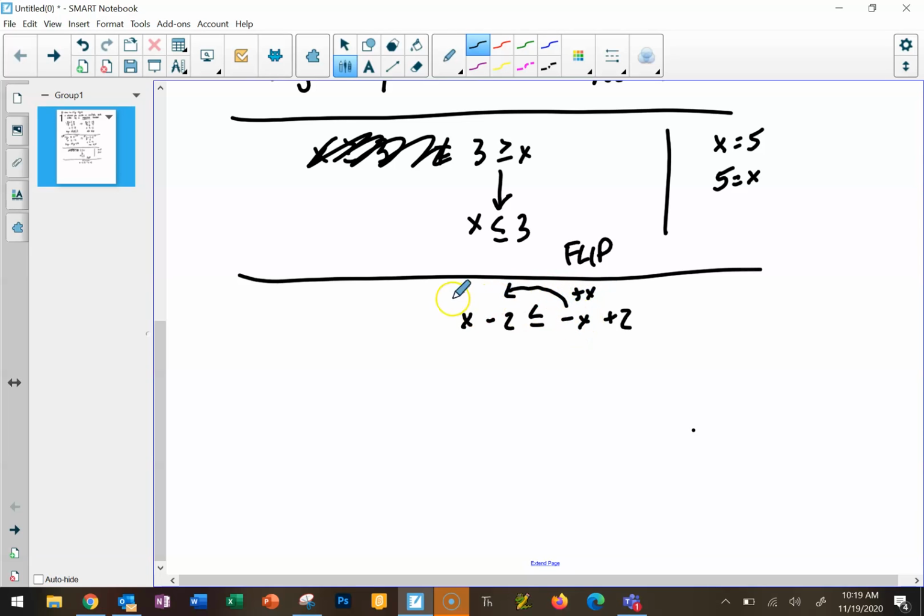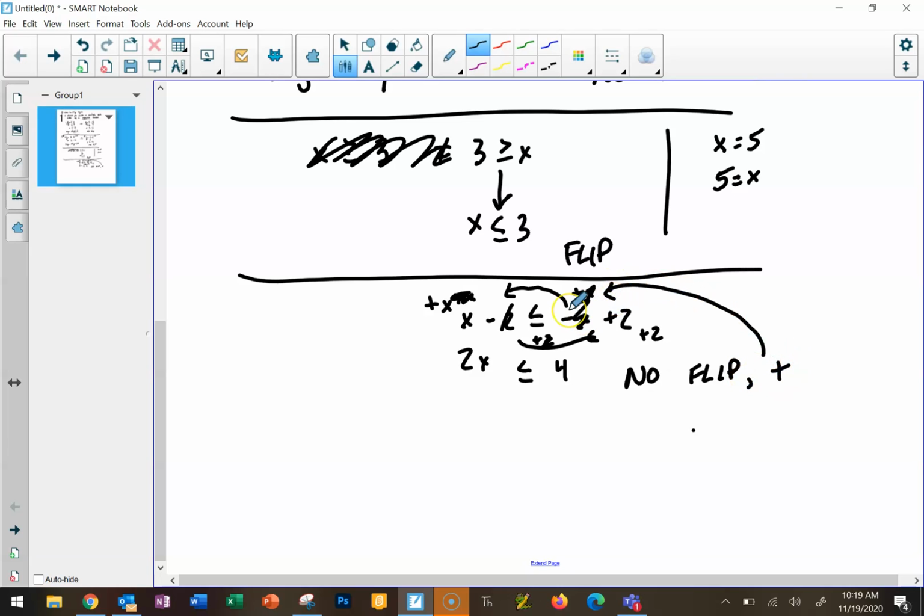We're adding an x here to cancel it, and whatever we do to one side, we have to do to the other. So that cancels, and now we've got 2x, and then we bring the negative 2 to the other side by adding 2. That cancels, and we're left with 2x is greater than or equal to 4. There's no flip, because we did addition when we brought the x to the other side. So don't flip when you're adding or subtracting.